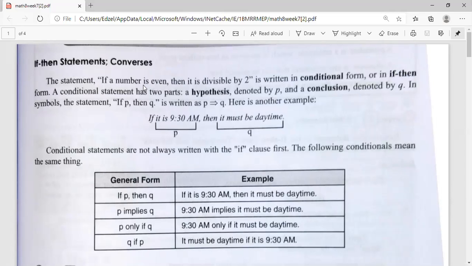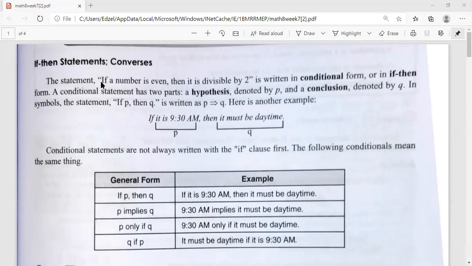If a number is even, then it is divisible by 2. So it's really understood that if it's an even number, it's divisible by 2.